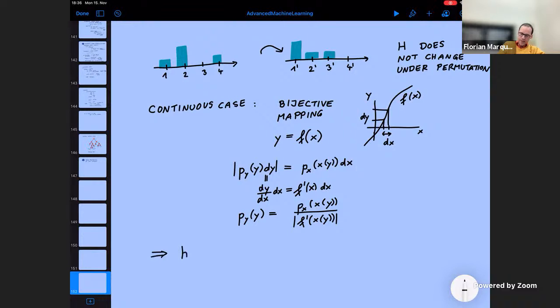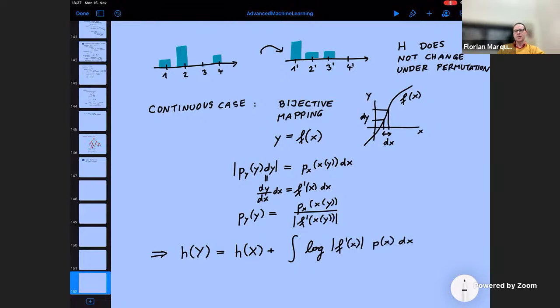And so what I find is then they are, well, almost equal, except there is an extra term that comes from the division that I introduced here. And so this extra term is integral log f prime of x p of x dx.